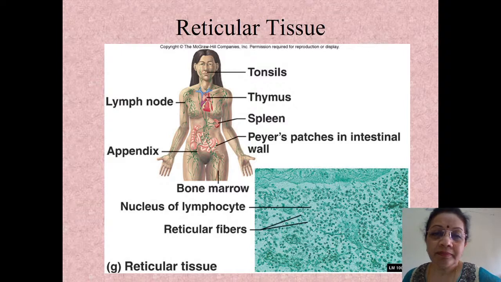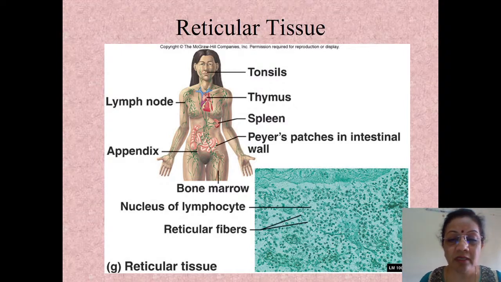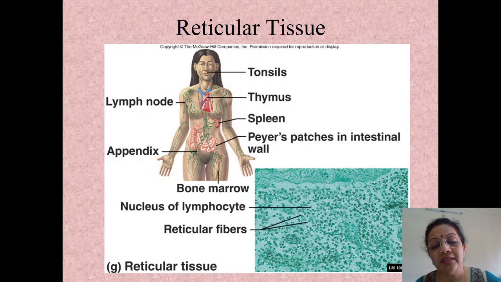To continue that, we said reticular tissue was the type where the majority fiber of the cell's matrix, the fibers could be collagen, elastin, or reticulin.